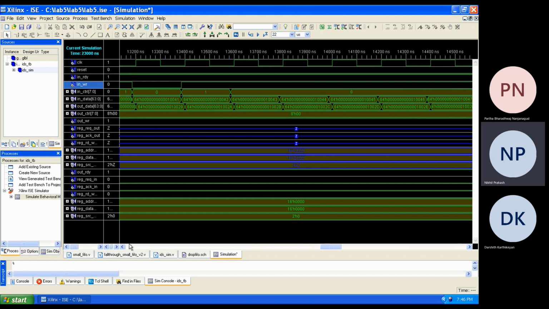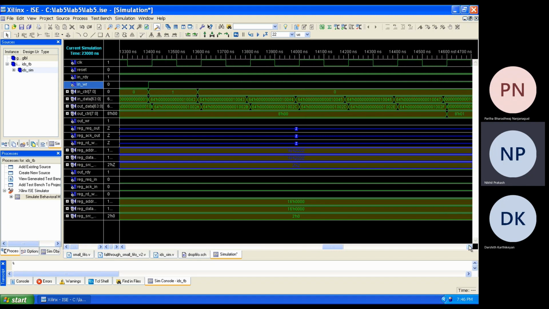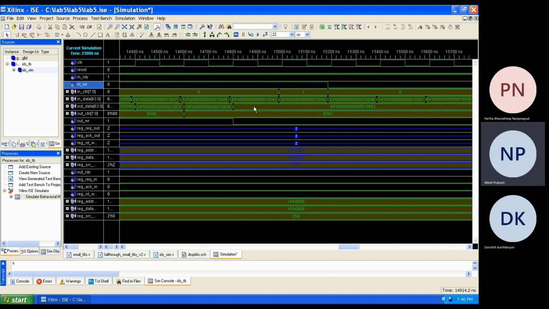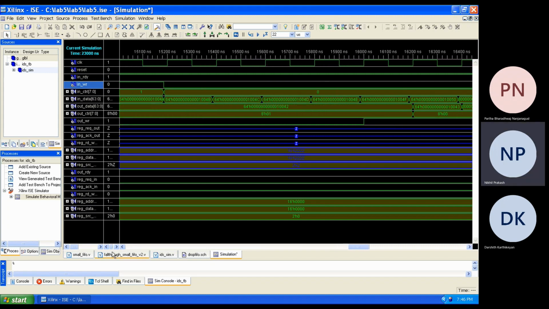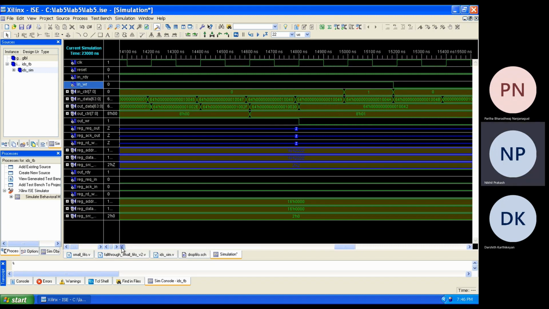Right after that data packet is done, we start with another data packet that has 42 here, and this data packet is allowed to pass through. Nothing after 30 is allowed to pass, but the next data packet is allowed to pass through. That means that the entire data packet was dropped, right?